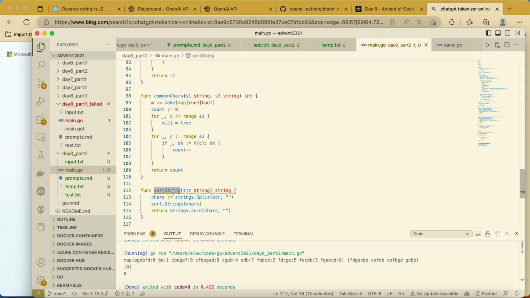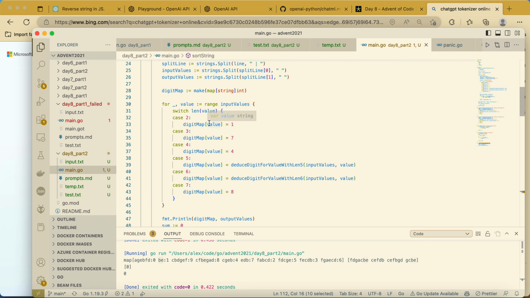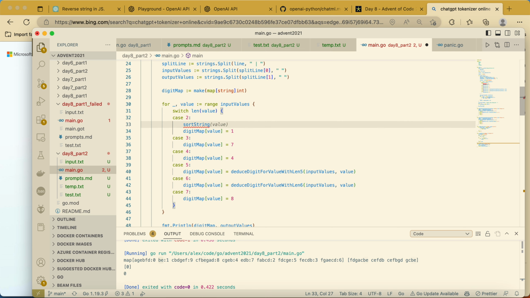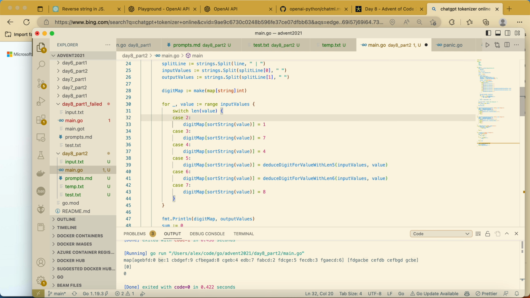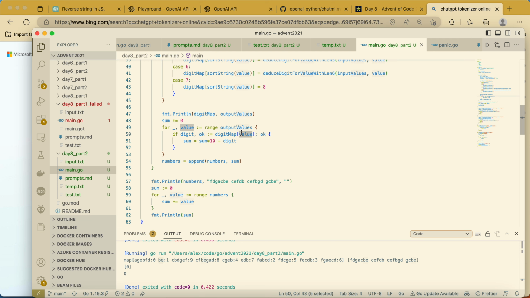And I have my source string here. And that's when I'm making the map, and when I'm doing my lookup I need to do the same thing.